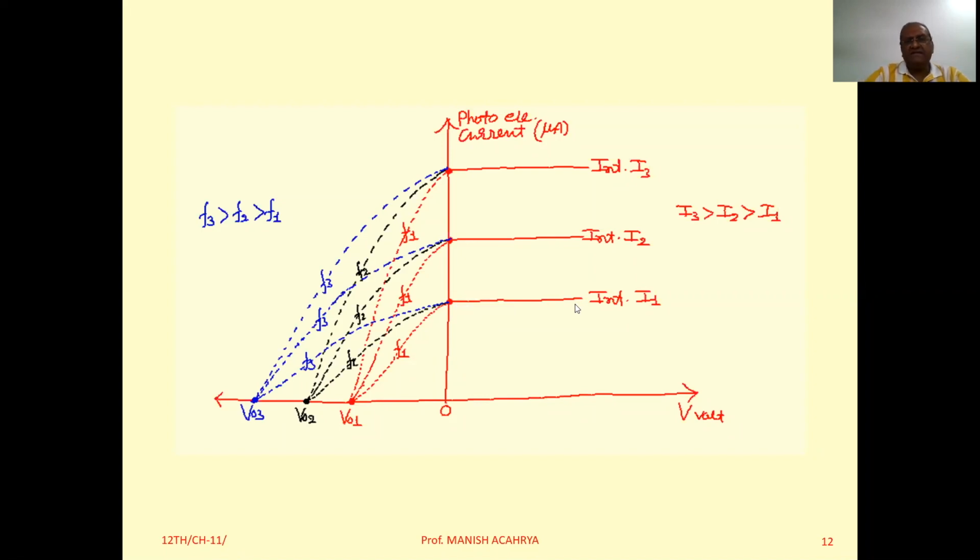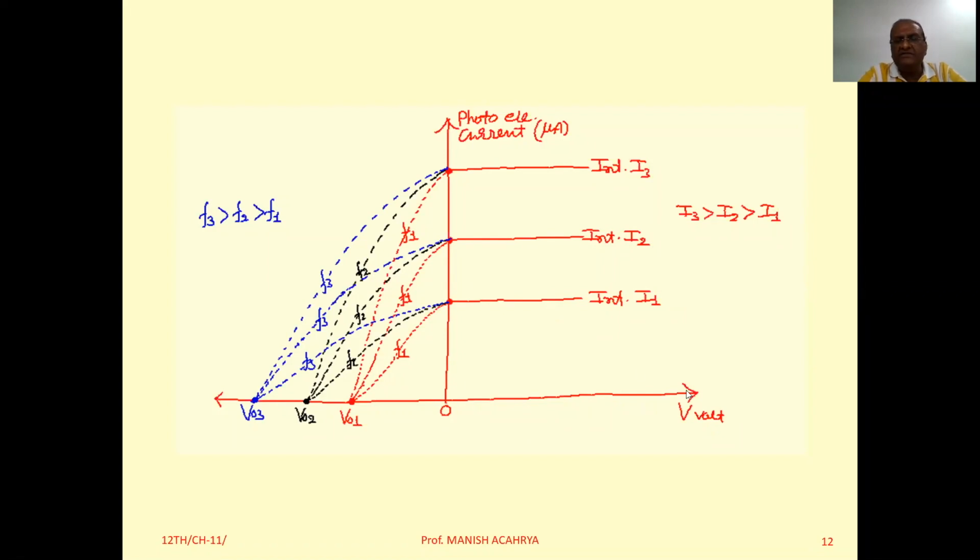It implies that here all the electrons emitted from the emitter reach the collector, and the collector collects all those electrons, and in the outer circuit the current is constituted.